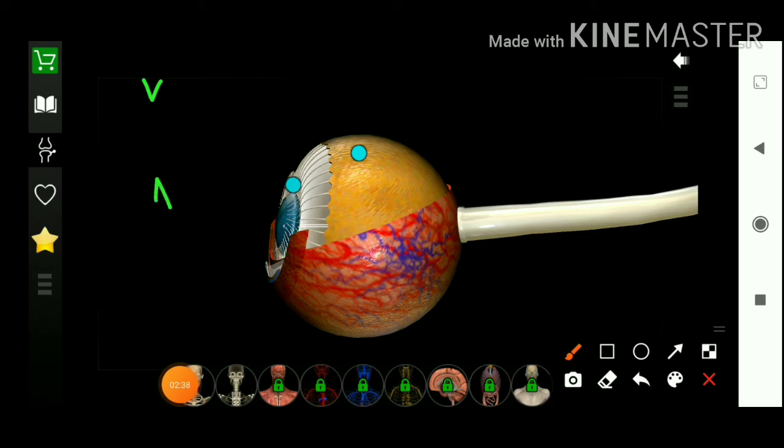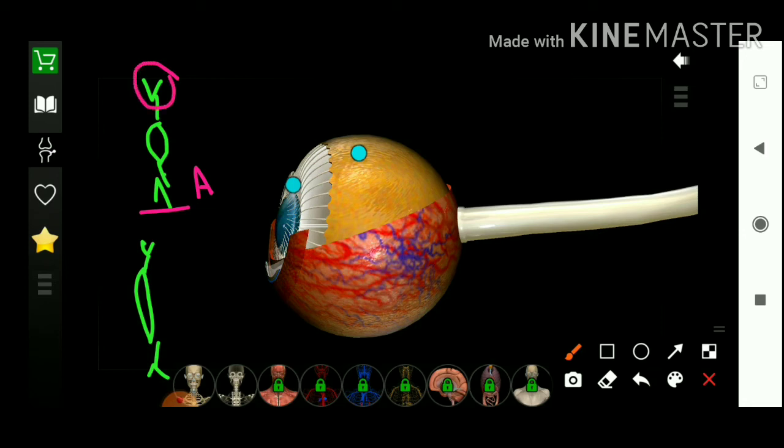Here I am drawing a very schematic diagram. In diagram A, you can see that the ciliary muscles are triangular in cross section.